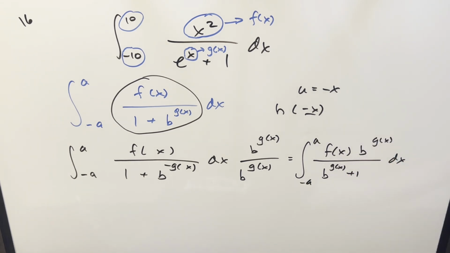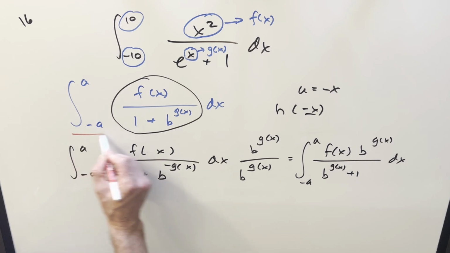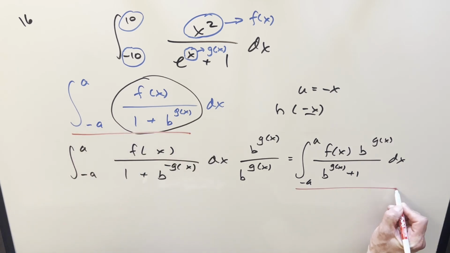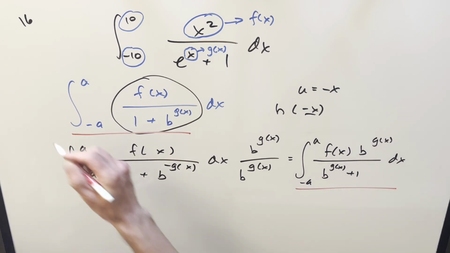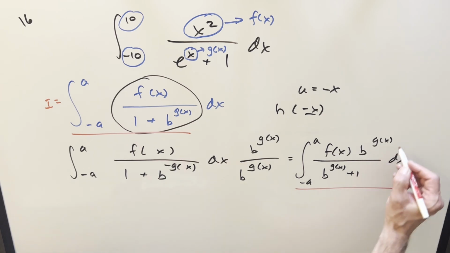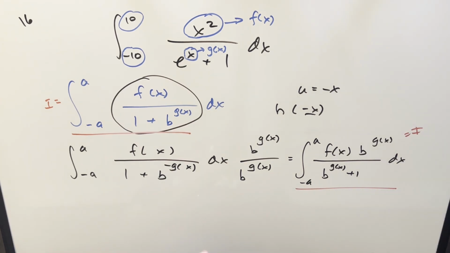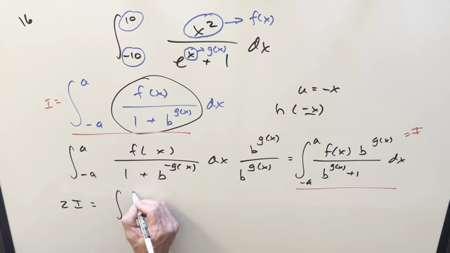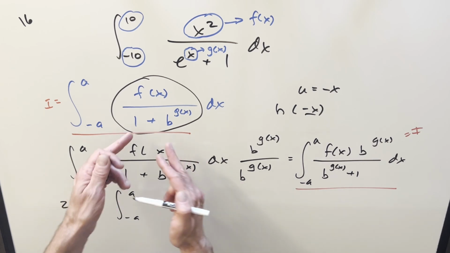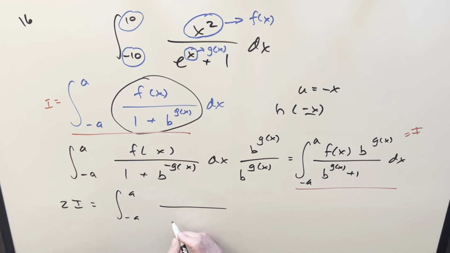Now all I want to do is add 2 copies of the integral. This thing is the same as this thing. We can call it I. In both cases, both copies are going to be I. Then we add them together and we're going to have 2I. We have the same bounds, minus a to a, and the same denominator, just in a different order. So we can put it all in one fraction with the same denominator.